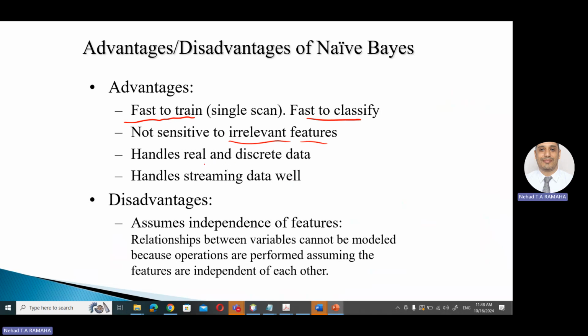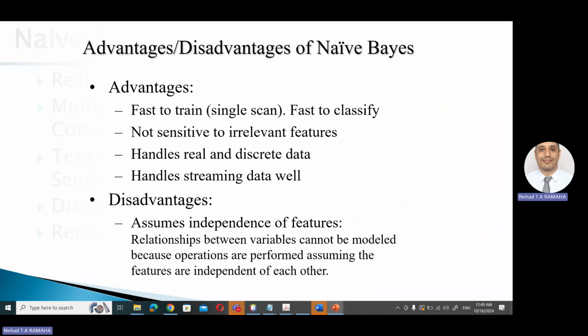It can handle any type of data: real, discrete, streaming data. The main disadvantage is that it assumes independent features. So if the features have some relations, it will not take this relation between the features into consideration.